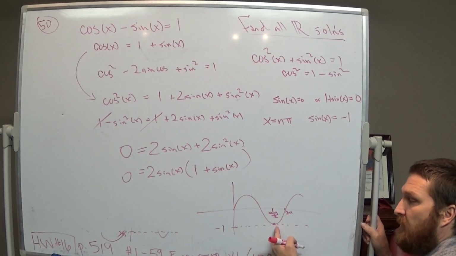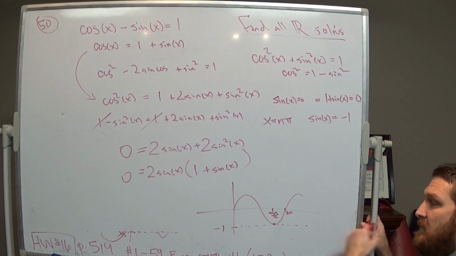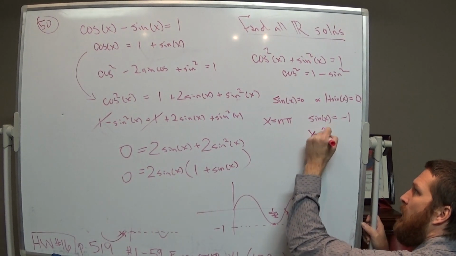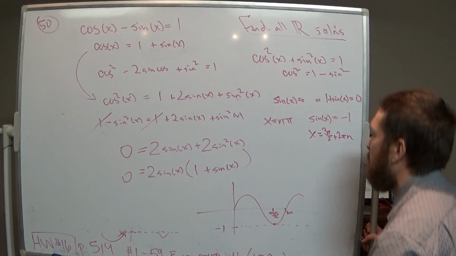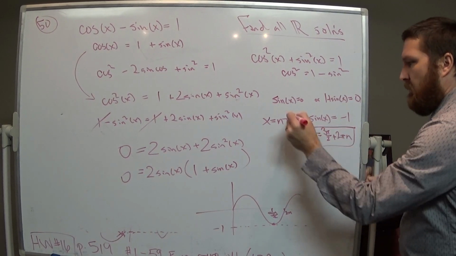So 3 pi over 2 plus and minus the period. So x is 3 pi over 2 plus 2 pi n for any integer n. Okay, so those are those.